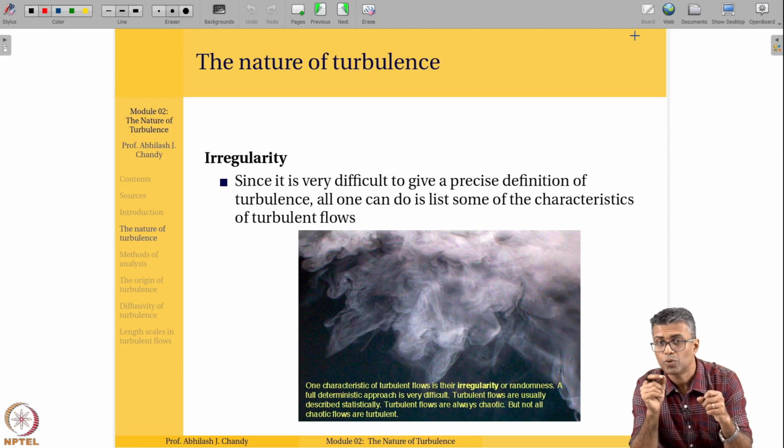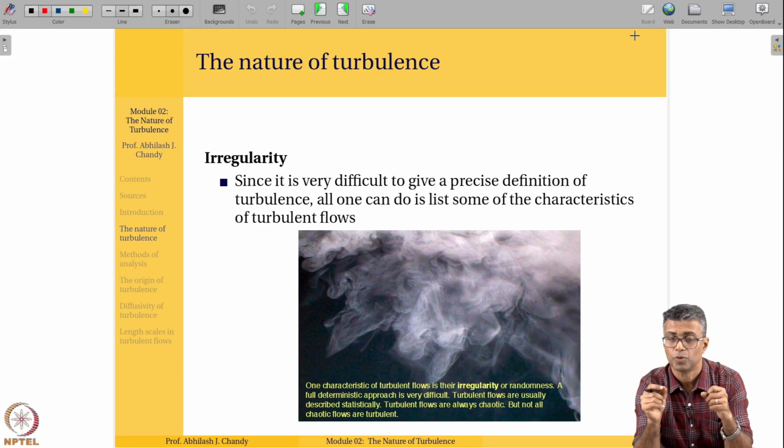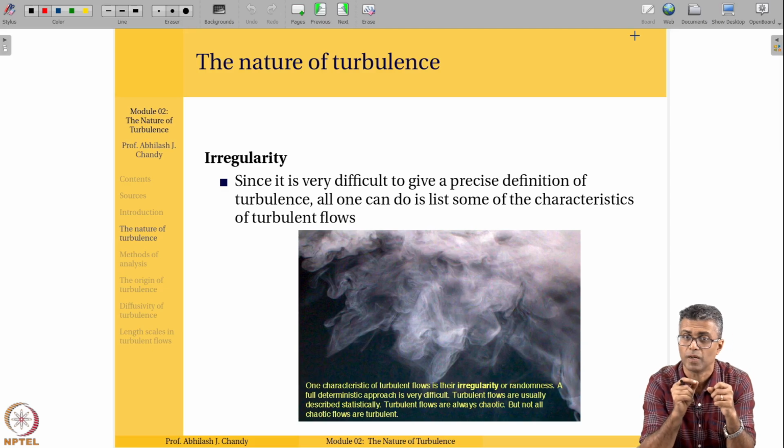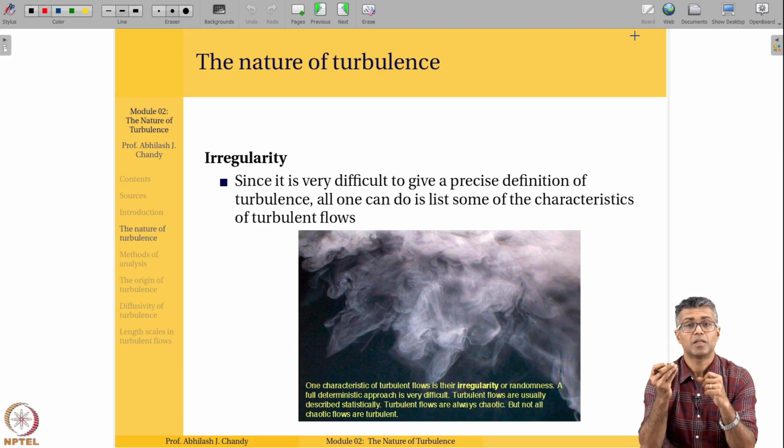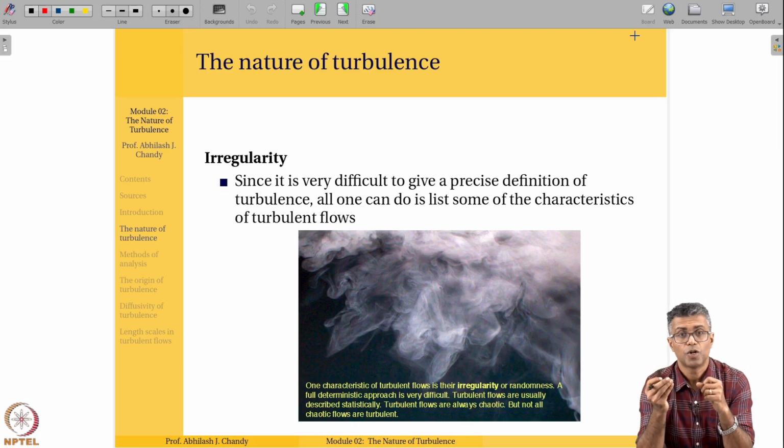And what is a fully deterministic approach? We have seen that in module 1. It has to do with the Navier-Stokes equations. That's the deterministic approach, where a solution can be determined.